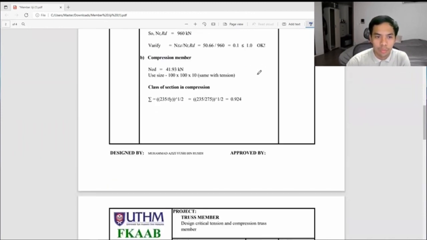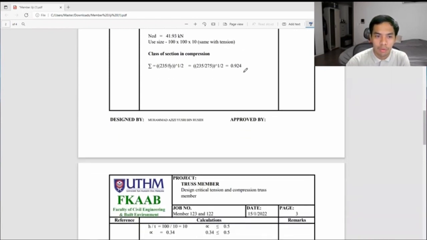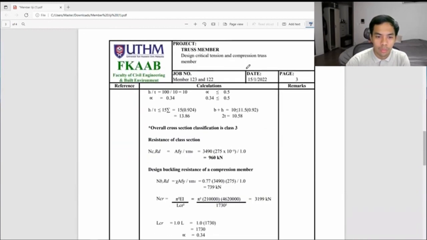Next, we go to the compression member. We use the same size as the tension member, which is 100 times 100 times 10, with an N_Ed of 41.93, for the class of section in compression. The value of square root 235 over f_y is 0.924. And we check the overall cross-section classification is class 3.